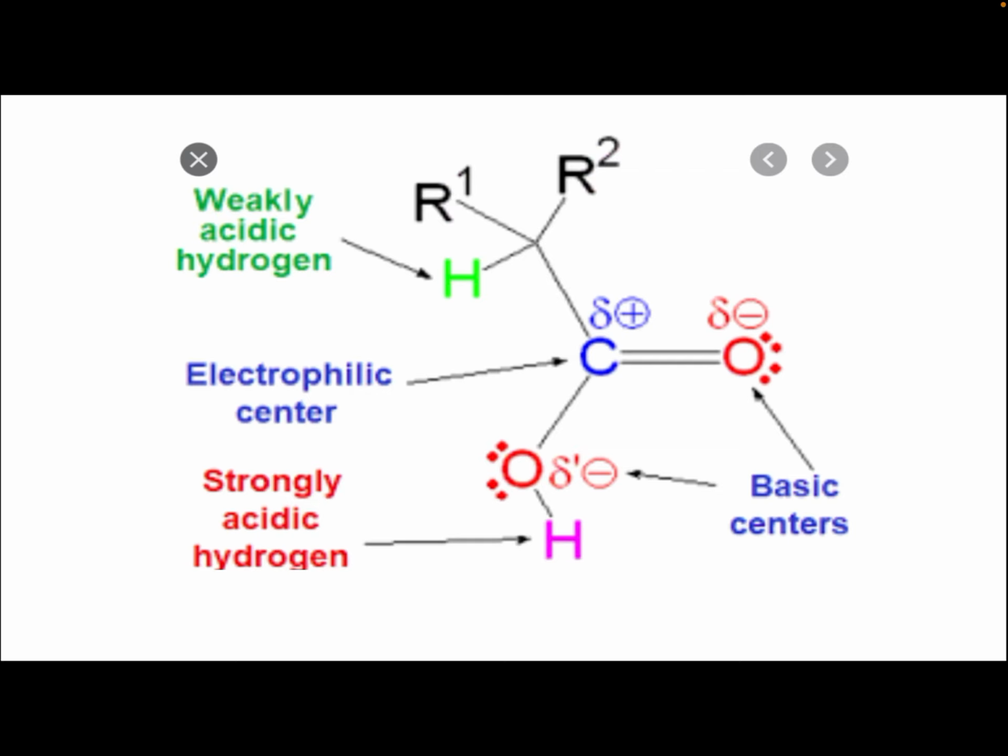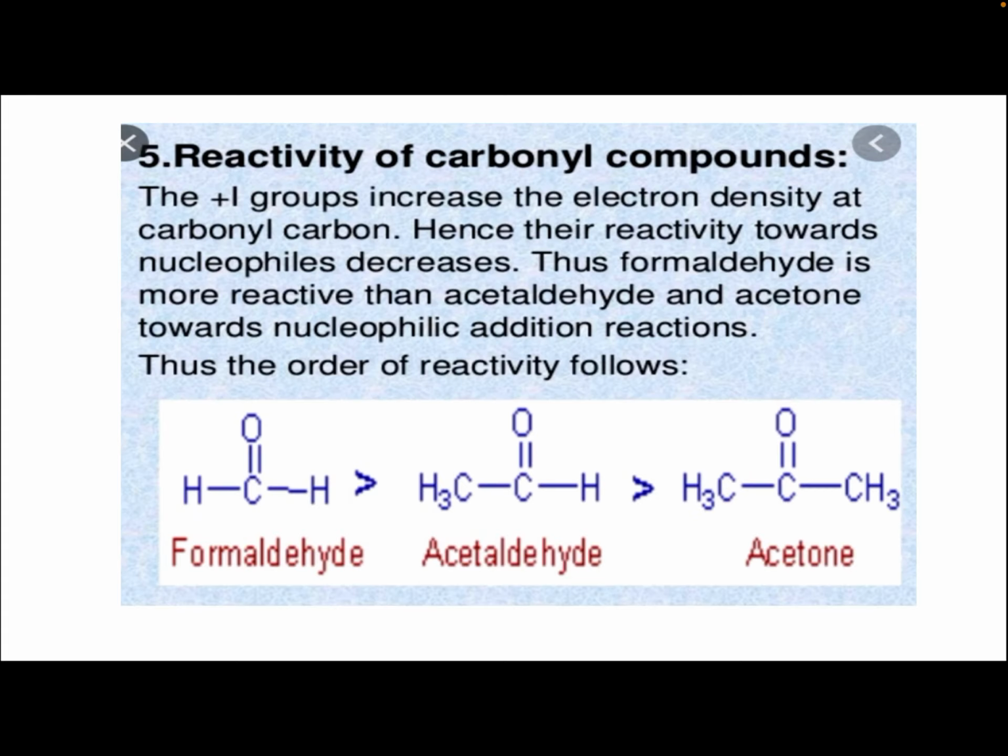So here we are seeing that the carbonyl oxygen is a basic center, having negative charge, and a positive charge can attack this electrophilic center. Carbon is there, and weakly acidic hydrogen is attached to the carbon, and strongly acidic hydrogen is there if it is attached to oxygen. So this is the structure of the carbonyl group.